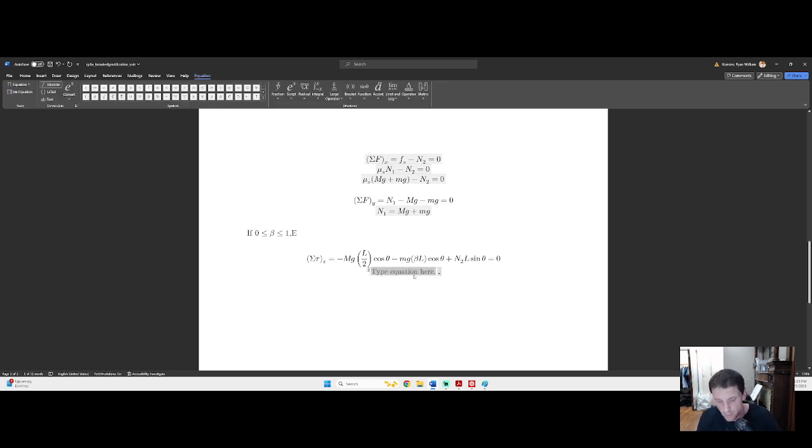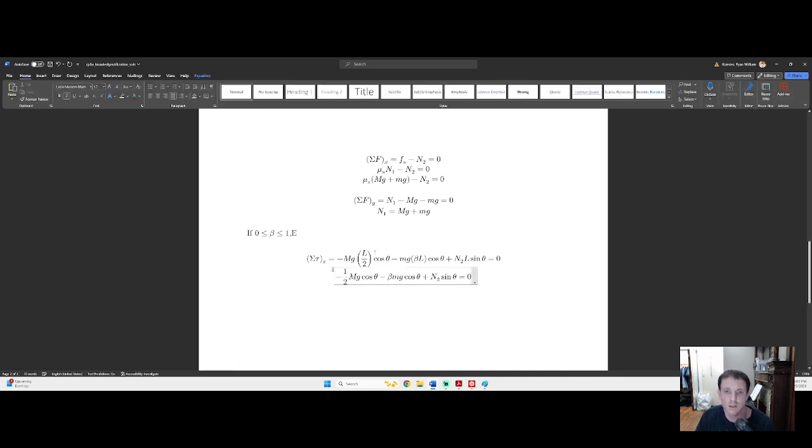So I'm just going to write negative 1/2 mg cosine theta, minus, we'll put the beta in front, beta little mg cosine theta, plus N2 sine theta. This is still equal to 0, because it's kind of like we're just dividing both sides by big L. That looks good, I think. I want to make sure that I'm not losing any terms here, because as you write these torque equations, there are going to be a lot of different variables floating around, so you have to be careful.